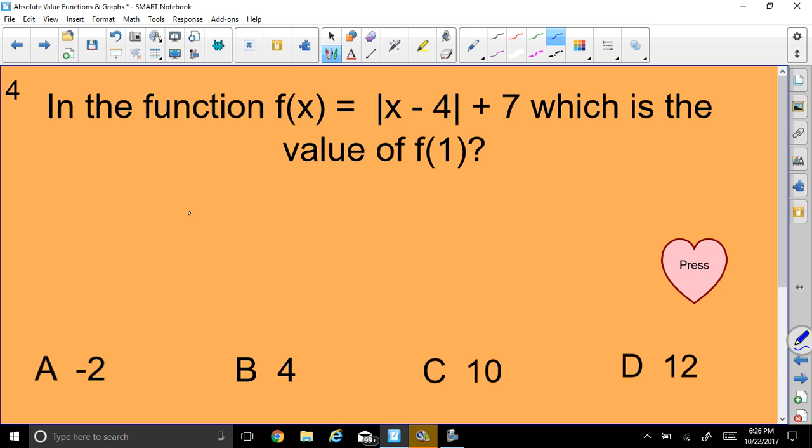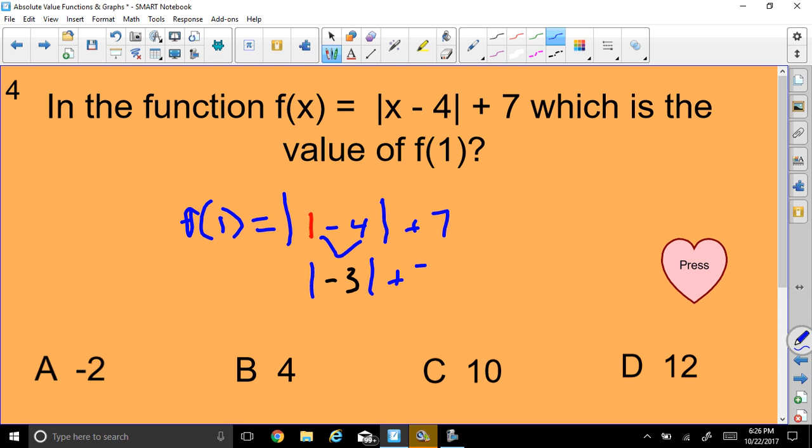Let's write f of negative 1, and we're going to replace x with negative 1, subtract 4 from it, and take the absolute value of that, then add 7. So in here we get negative 1 minus 4, which is negative 5... and then we're going to add 7.